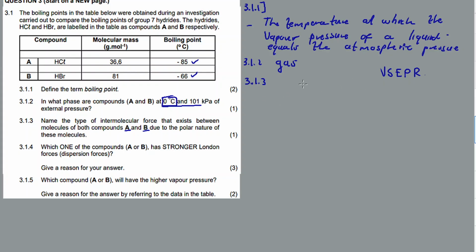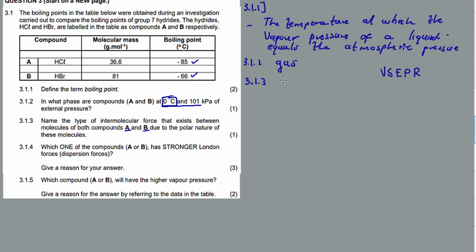These are covalent bonds between hydrogen and chlorine. Due to the movement of electrons between hydrogen and chlorine, hydrogen and bromine, the electrons moving create a sort of temporary polarity in these molecules.